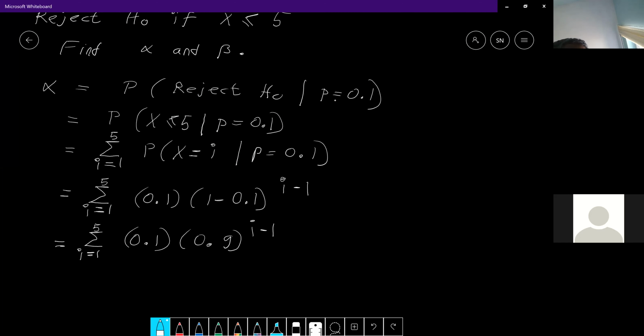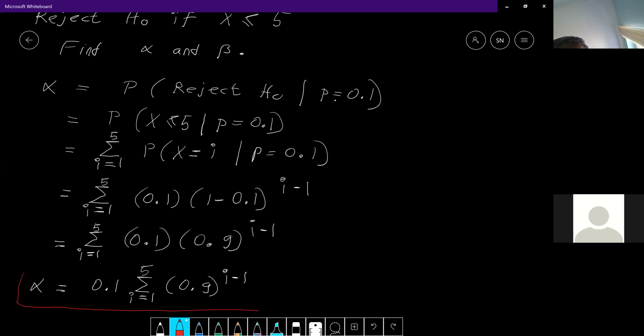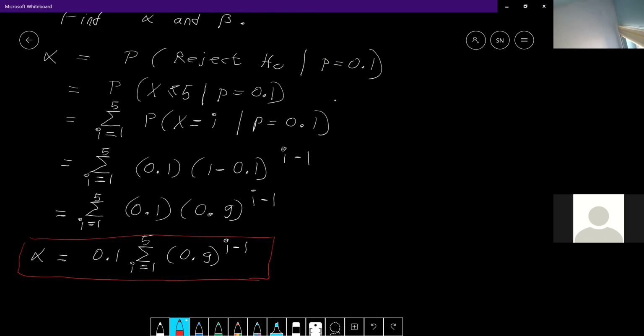Okay, guys, is that clear? So just to summarize, alpha is equal to the sum of 0.1 times 0.9 to the power i minus 1, for i from 1 to 5. So let me put this in a box. Okay, so this is the value for alpha. Now similarly you can find the beta. Remember, beta is the probability of type 2 error, right?